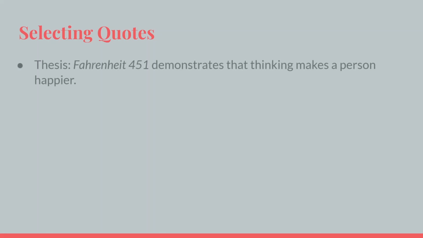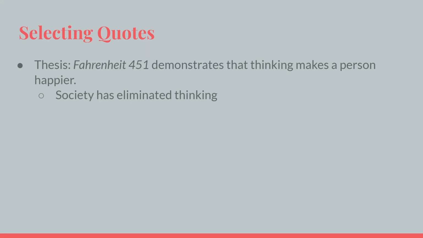Our first paragraph then is defending part of our main thesis, and it's talking specifically about what has happened in this society. In order to support the thesis that thinking makes a person happier, I think it's important in this novel to show how people don't think, and that's because society has eliminated thinking.